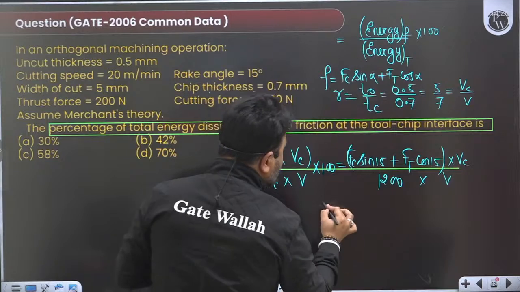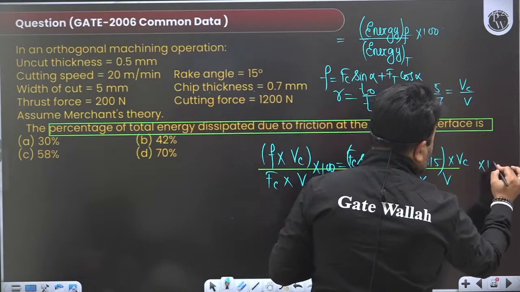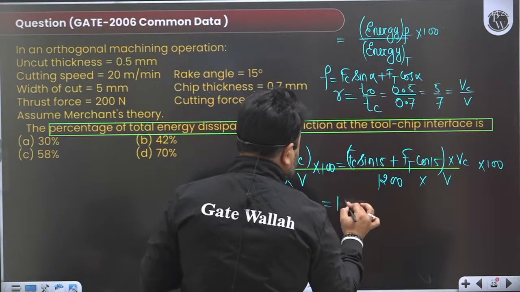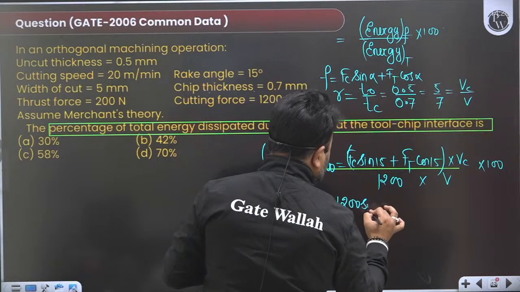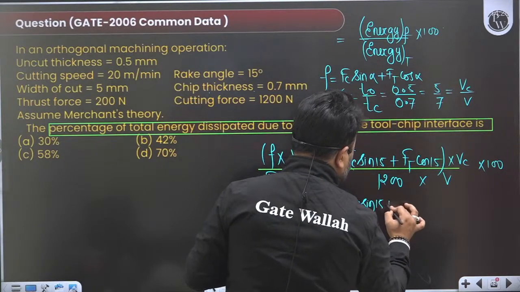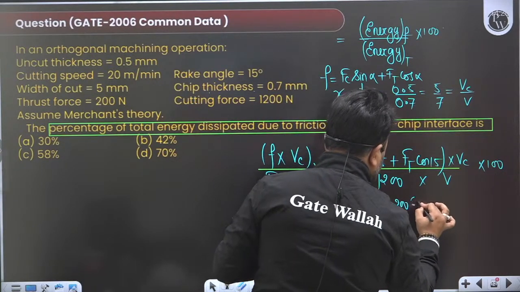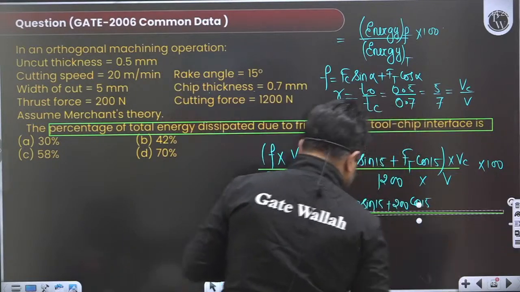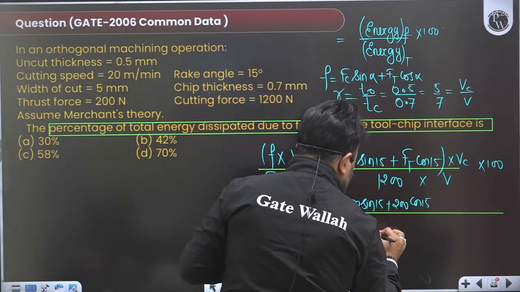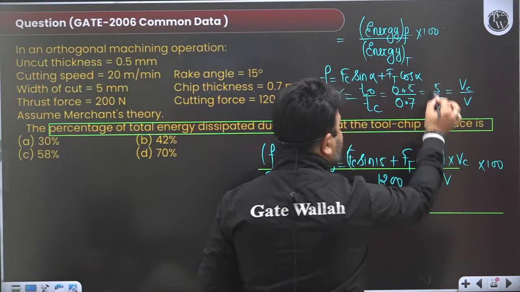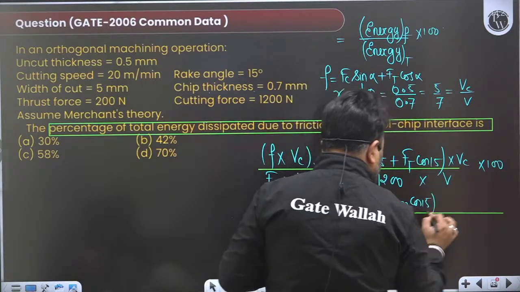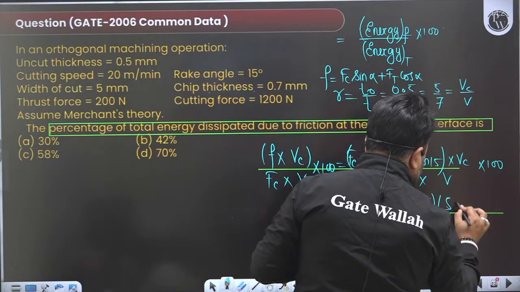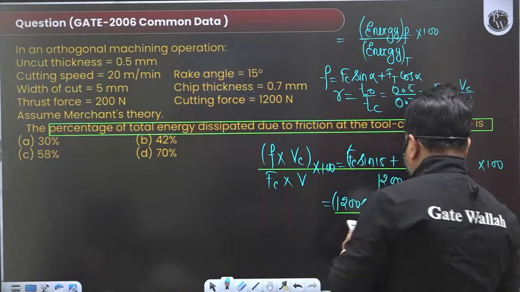So here we can write that Fc is 1200 sine of 15 plus 200 cos of 15, divided by 1200, Vc by V, we can write 5 by 7, right? 5 by 7 into 100.